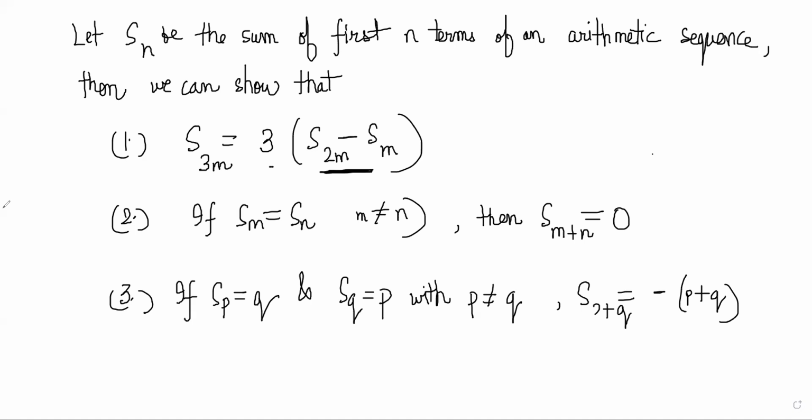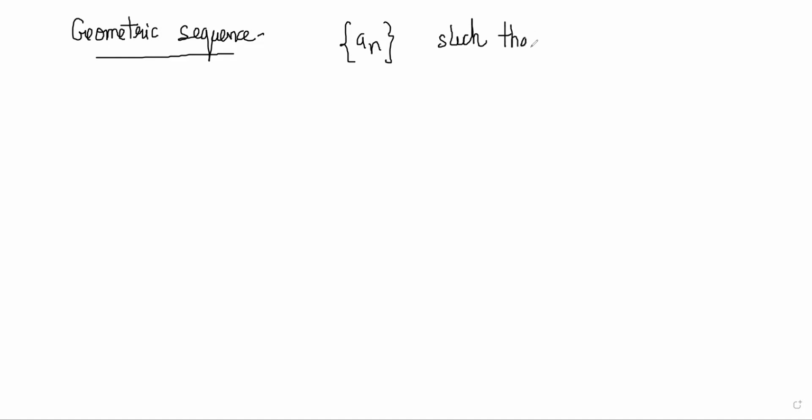Let's look at geometric sequences now. What is a geometric sequence? So we have a sequence an such that the ratio of any two successive terms is constant.